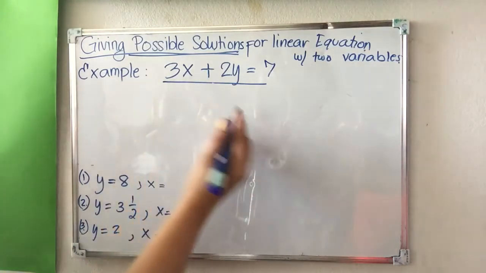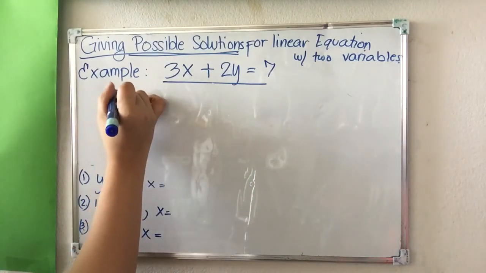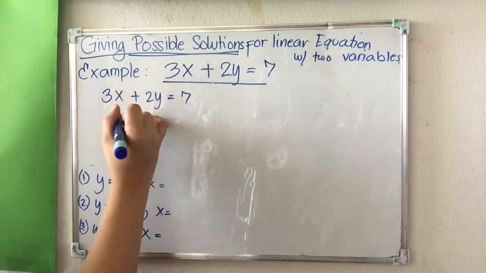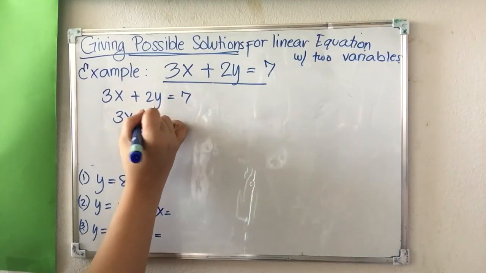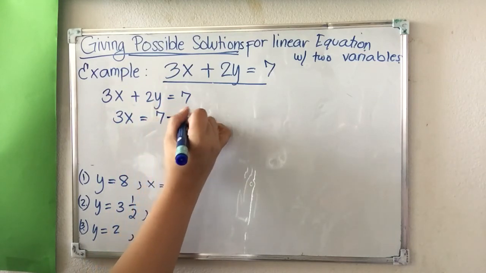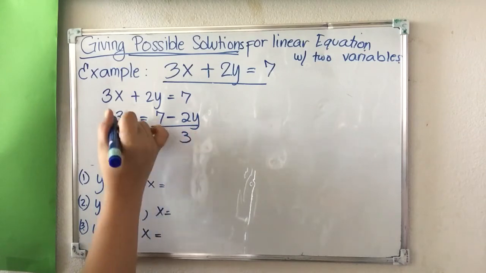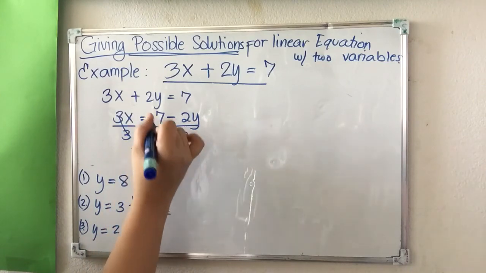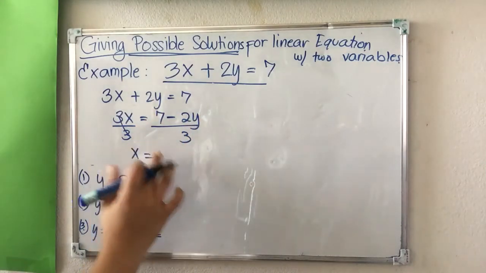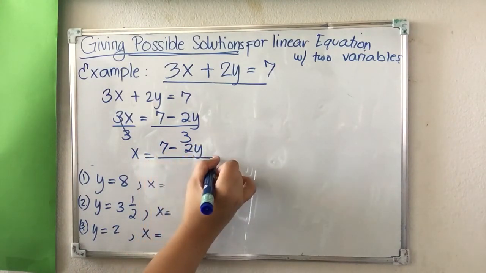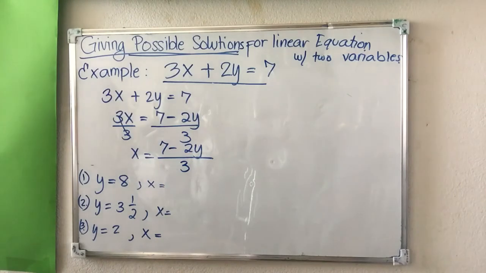So with this one, we have 3x plus 2y is equal to 7. So we have 3x is equal to 7 minus 2y. Divide by 3, divide by 3, x is equal to 7 minus 2y over 3.